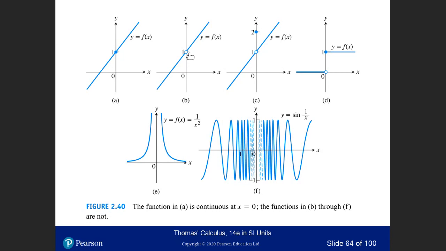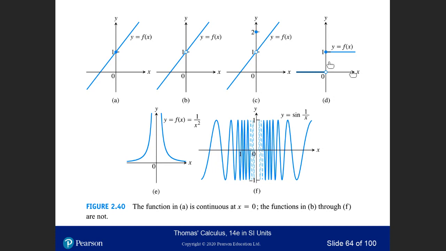And now when you look at 2, here the function has a limit 1 at 0, but the function value is 2, so the limit is not equal to the function value. And that's why we say that it's discontinuous at 0.